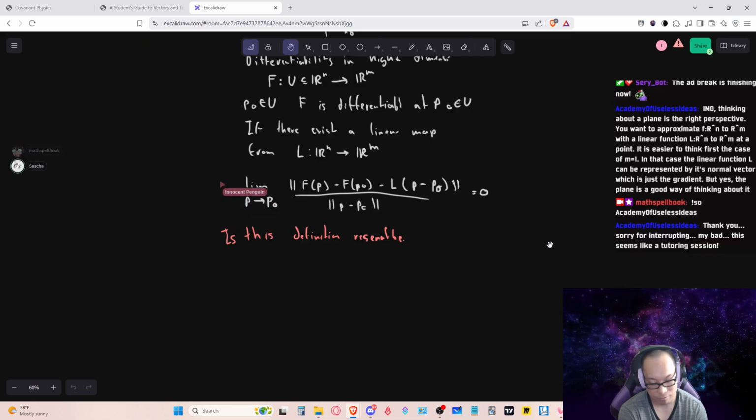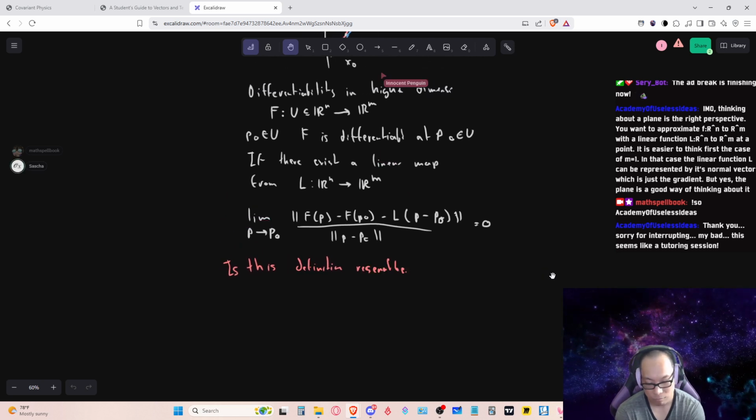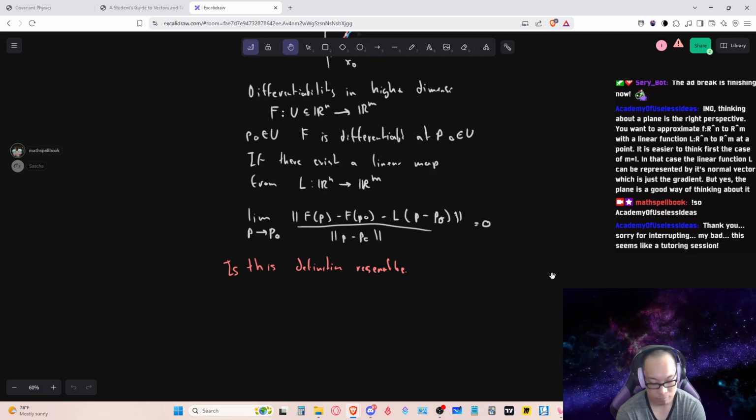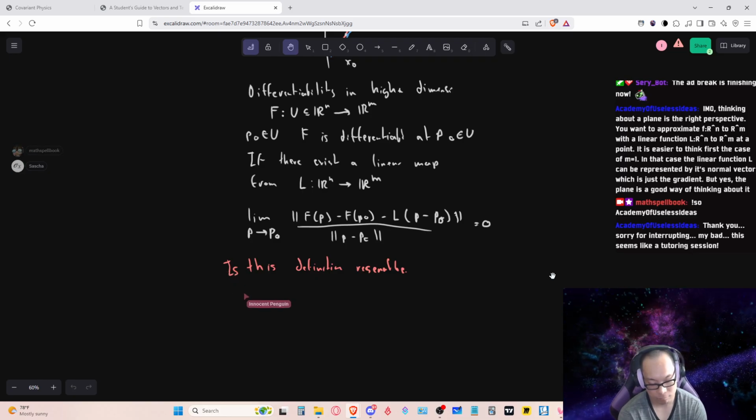So maybe, if the definition is supposed to be a generalization of the one-dimensional case, we should be able to get back the usual definition. So if it's differentiable in the sense that we all know from calculus 1, it should be differentiable in that sense also.